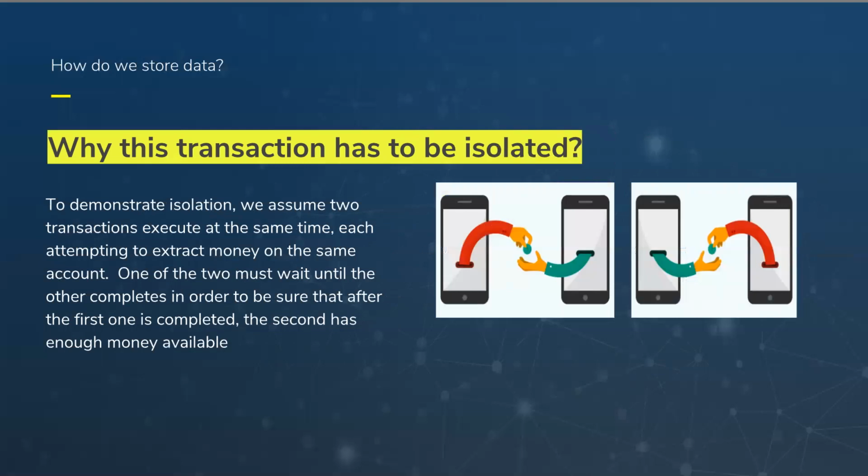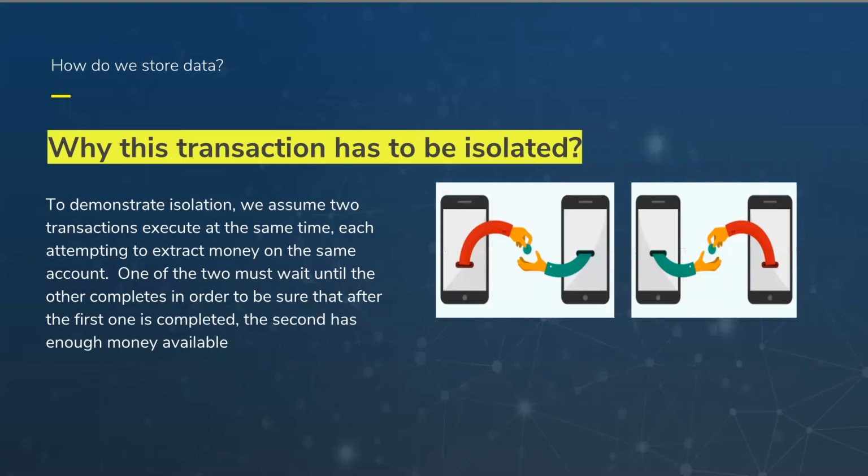The third principle, why do these transactions have to be isolated? Recall, the isolation principle declares that as multiple transactions can be executed by one or more users at the same time, one transaction should not see the effect of other in-progress transactions. And let's read the slide.